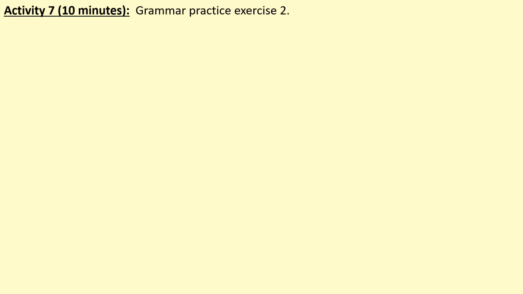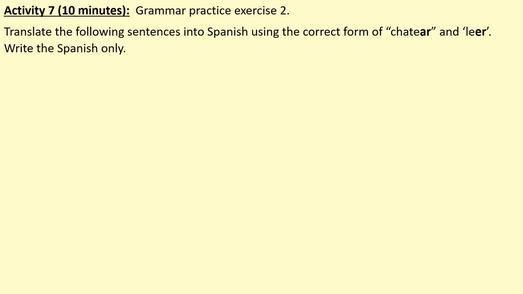So on to the last activity here. We now want to combine ER verbs and AR verbs to see how well you've learnt the two. So translate the following sentences into Spanish using the correct form of chatear and leer. Write the Spanish only.